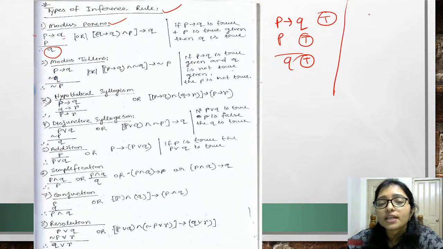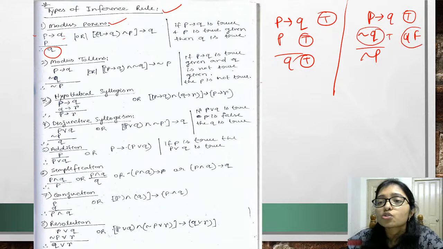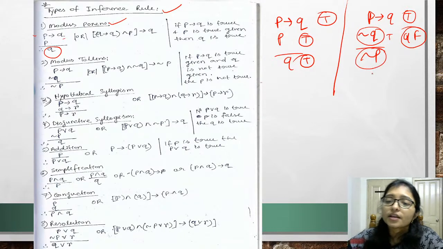And modus tollens is telling P implies Q is true and not Q is given, not Q is true, so definitely it is not P, right? If Q is false, then P is also false. Right, in that way you have to solve.